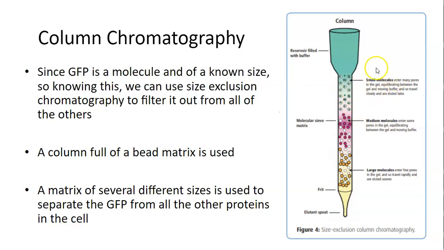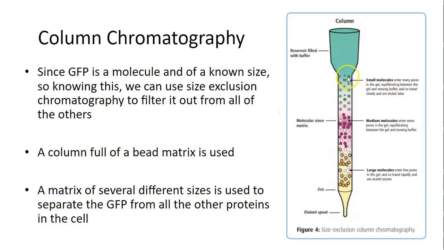If you have a small molecule, like a small protein, then it might enter the pores in these tiny beads. So think of each one of these beads as like a tiny wiffle ball. They have holes. So if you have a small protein, that small protein can go through those little holes and kind of get stuck. And then it takes them a while, but they work their way out.